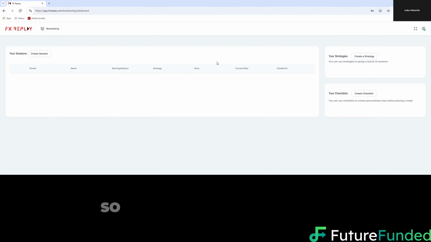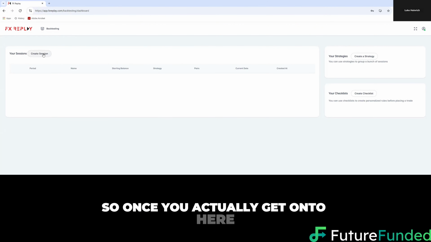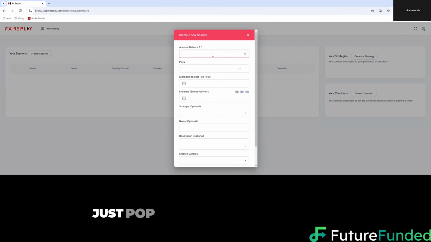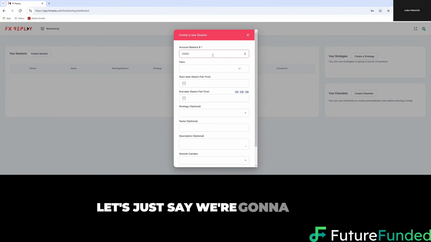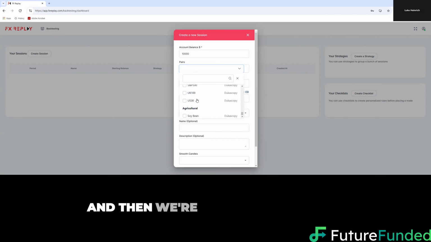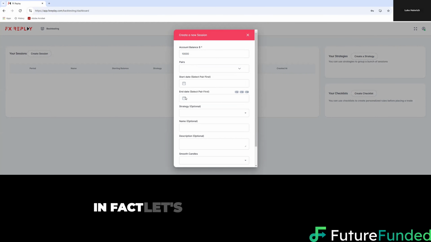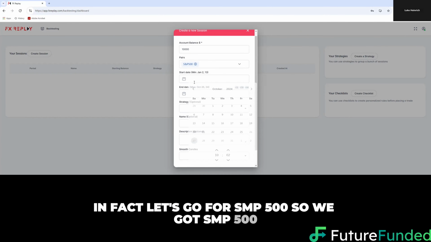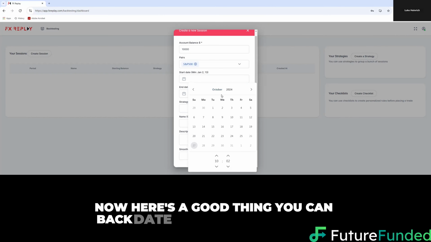Once you get onto here, the first thing we're going to do is go to create session. Just pop in any balance you want. Let's say we start with 10,000, and then we're going to go for US30 today. In fact, let's go for S&P 500. Now here's the good thing: you can backdate all the way from 2016.